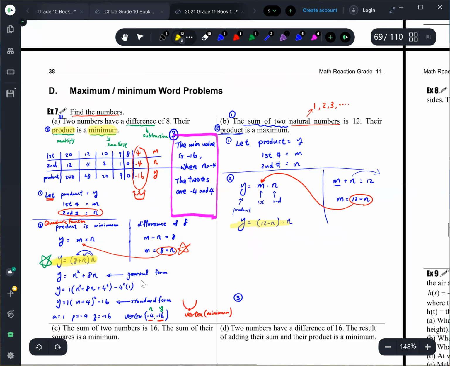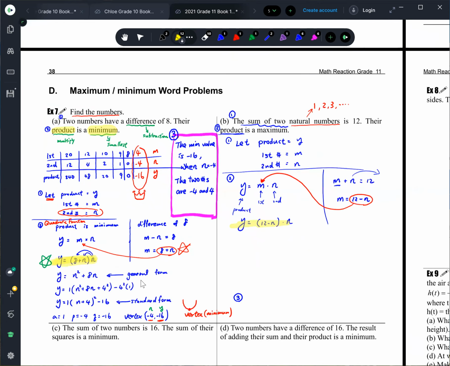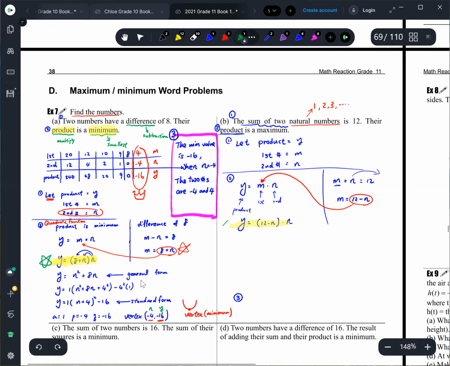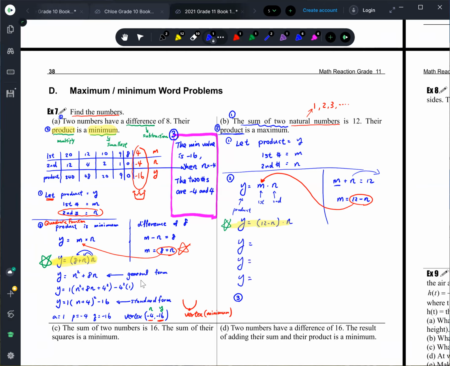Try to compare question B and A. We are at the green star. After that, it's just algebra. You turn it into general form, and then you turn it into vertex form, and then we are going to figure out the vertex. I'll let you carry on from there.